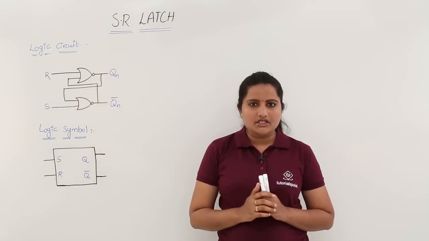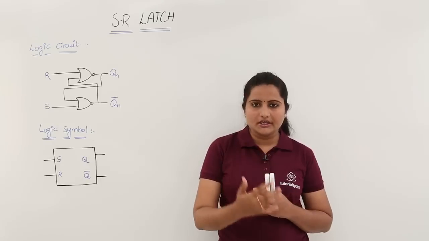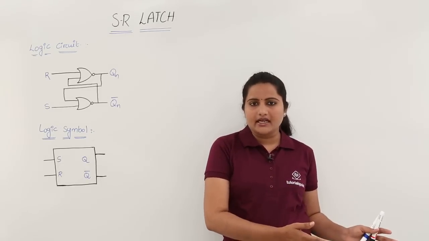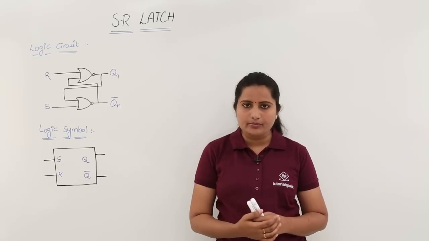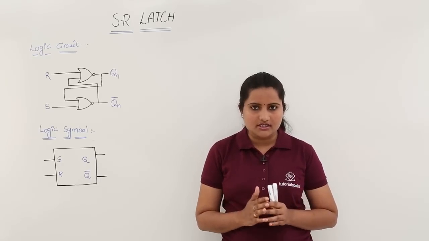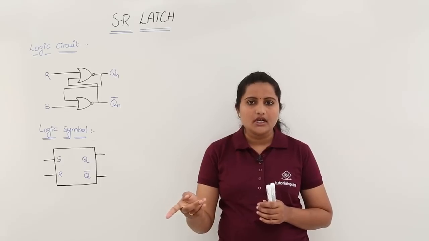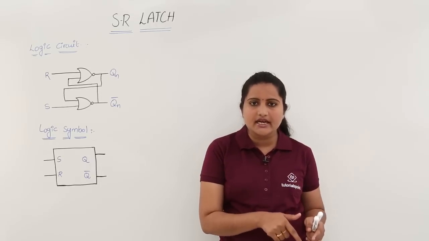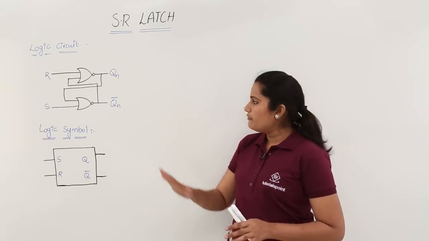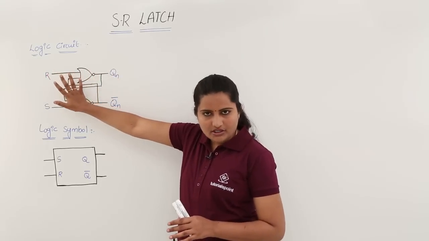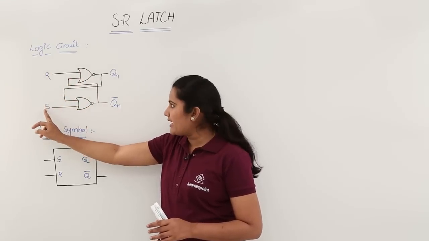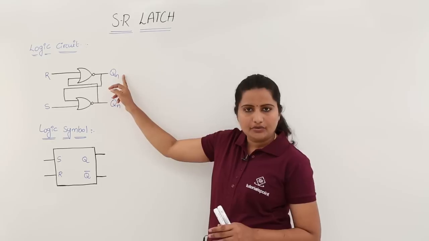For a combinational circuit we have some n number of inputs and m number of outputs, but for a sequential circuit, to get the output, it takes the reference of present inputs and present state also. For example, if this is a sequential circuit, the present inputs will be R and S and the present state is Qn.